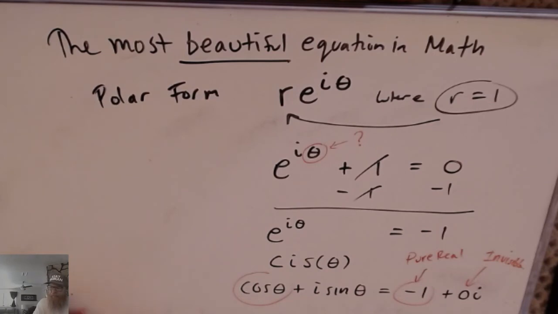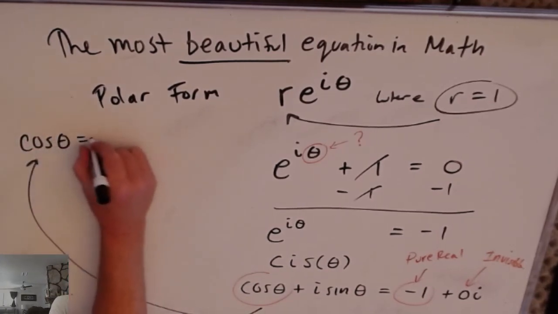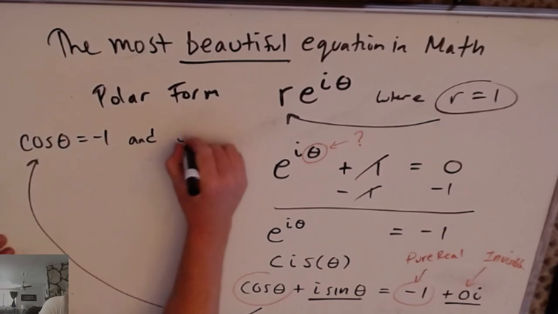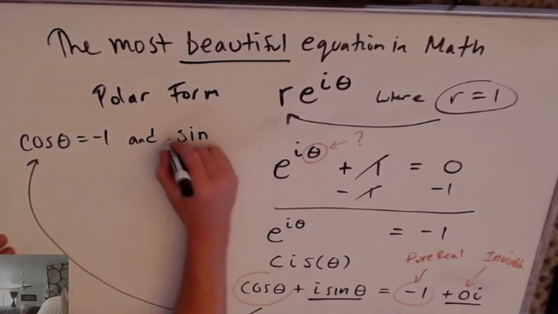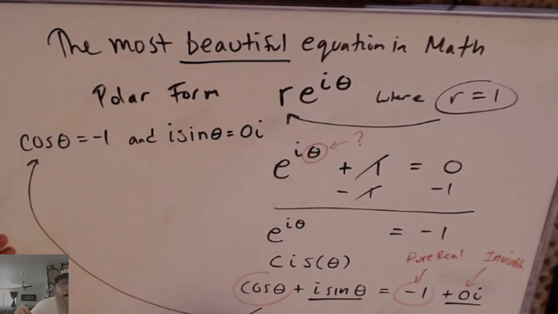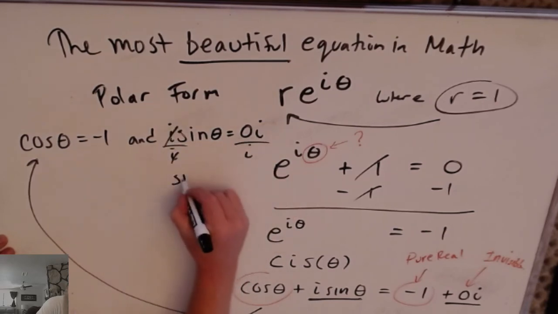Cosine theta equals -1. And you set the imaginary parts equal to each other. I sine theta equals 0i. You would just immediately divide both sides by i to get rid of it.